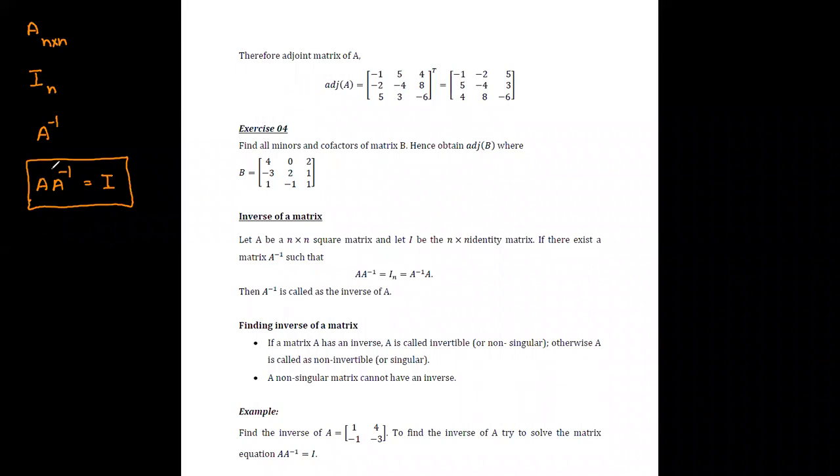Therefore, once you multiply a matrix with its inverse, you will get an identity matrix. Based on this concept, now we can prove this as well.